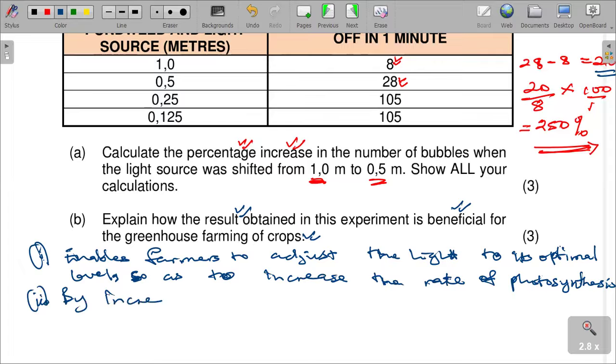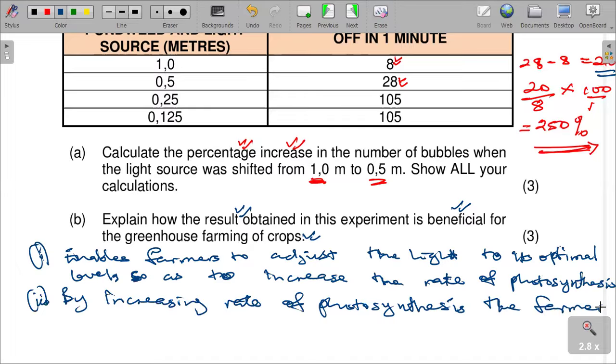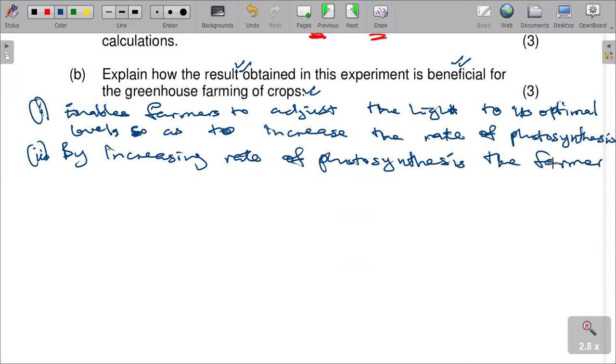By increasing the rate of photosynthesis, the farmer can as well increase yields to their maximum.